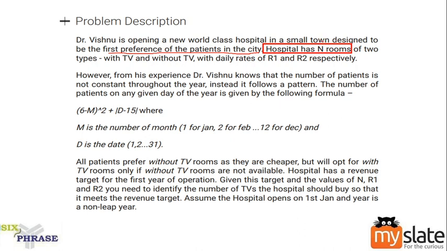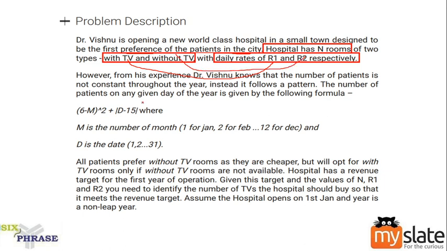The hospital has n rooms of two types. What are the two types? With TV and without TV. Some rooms will have a TV and some rooms will not have a TV. Their daily rates are R1 and R2 respectively. So with the TV the cost is R1. Without a TV the cost is R2.